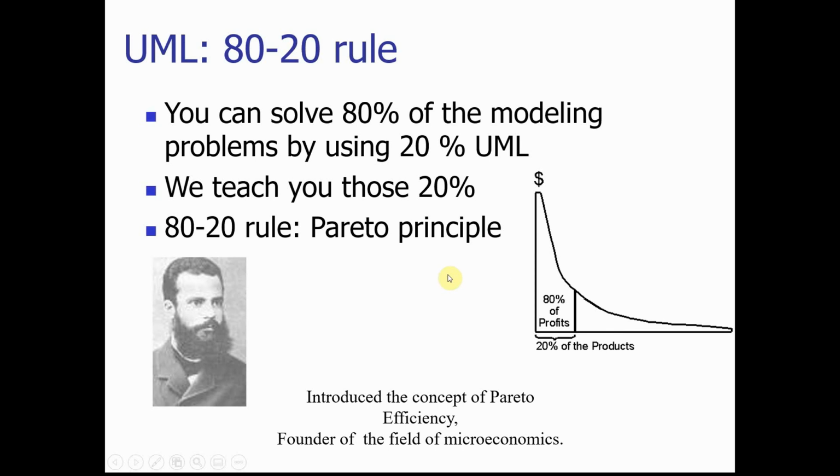Then in the UML, there are so many diagrams. We don't do all of them because that would be too much, so we only focus on the 20%. Usually, in a modeling system, we can have 20% of the product account for 80% of the profit, so we apply this principle.